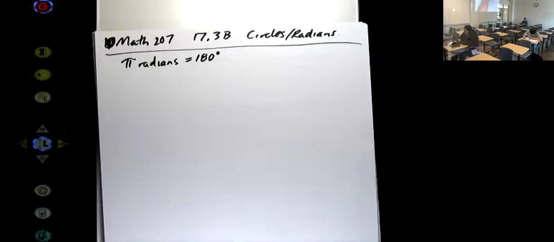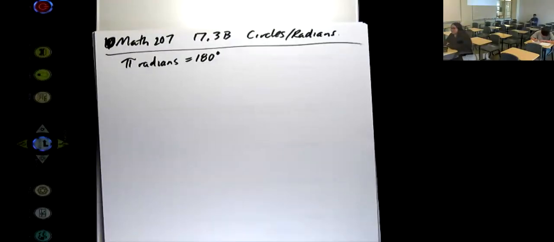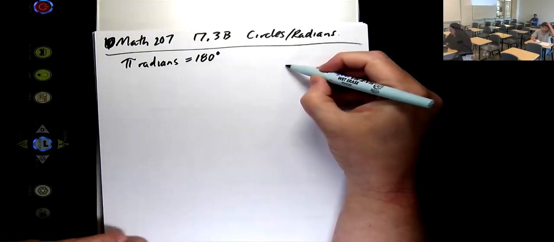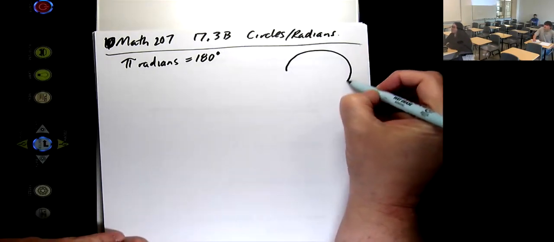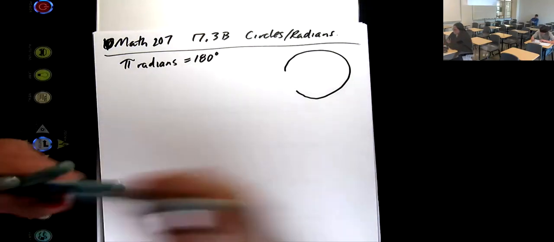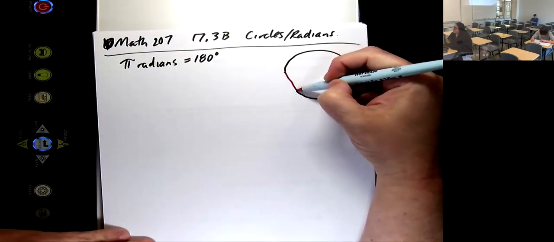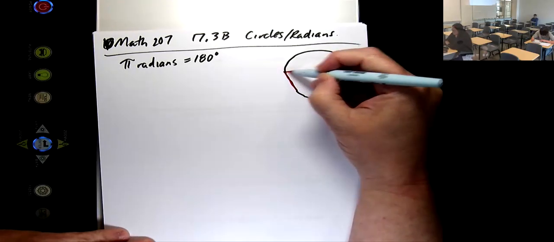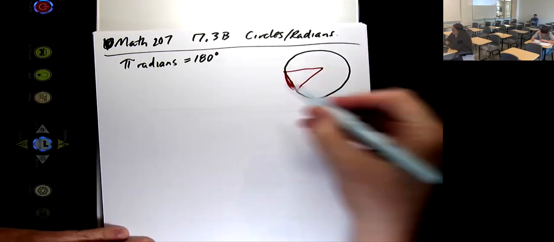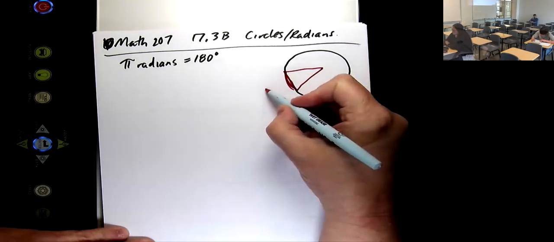And why do we want to do radians when we grew up learning degrees the whole time? Because when we look at circles, if I have a circle like this, and I got some section right here, let's pretend that's curved, this little segment right here is called an arc.